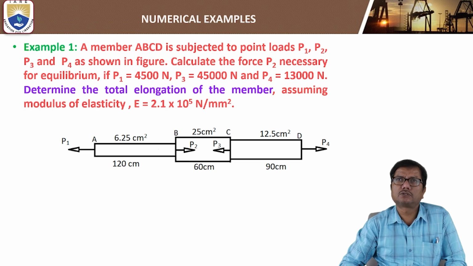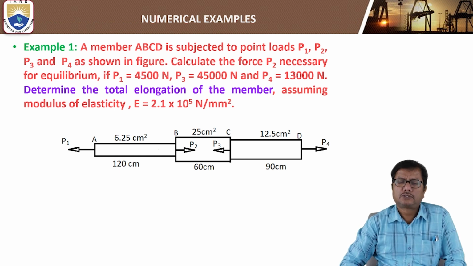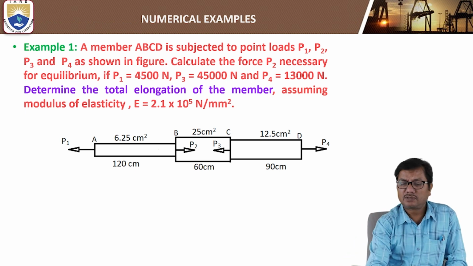Then determine the total elongation of the member, assuming the modulus of elasticity E equal to 2.1 into 10 power 5 Newton per mm square. So this is a different case actually.